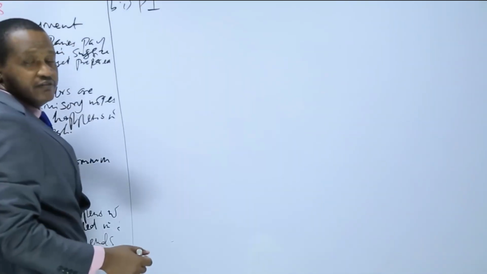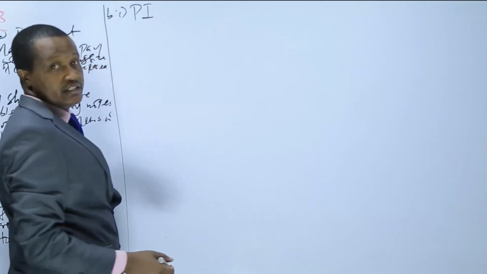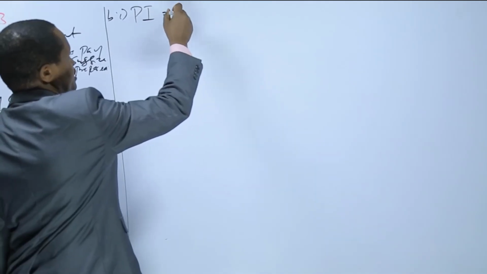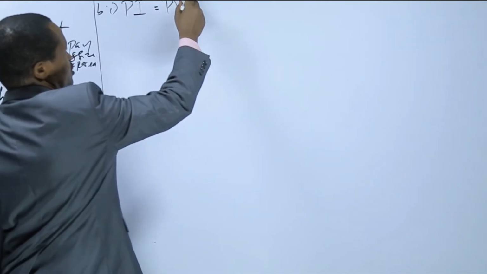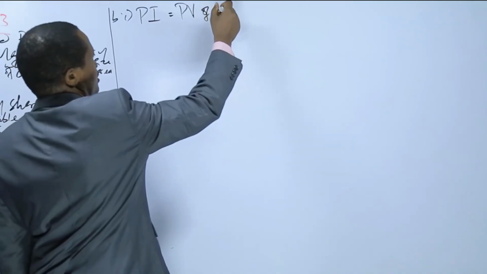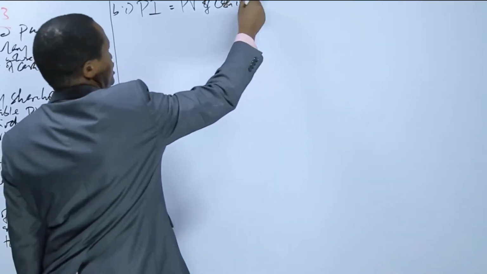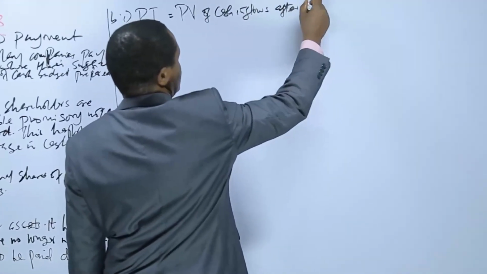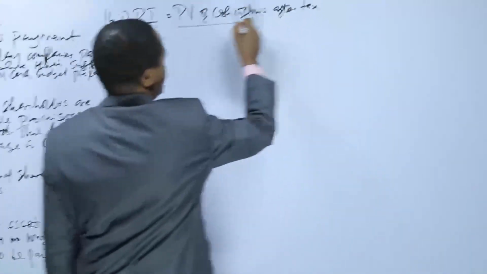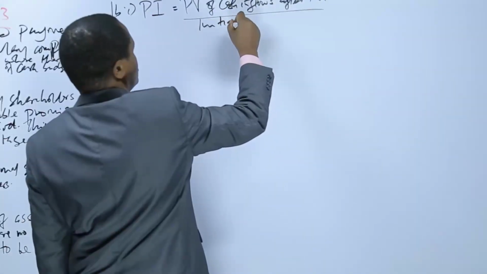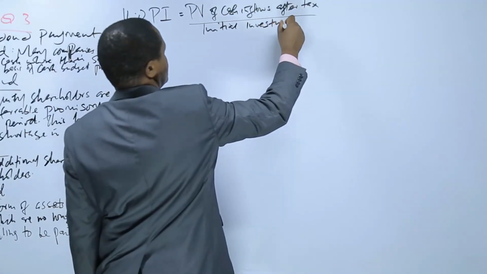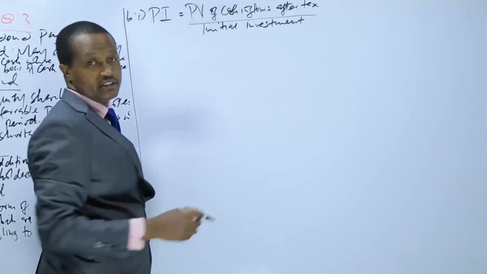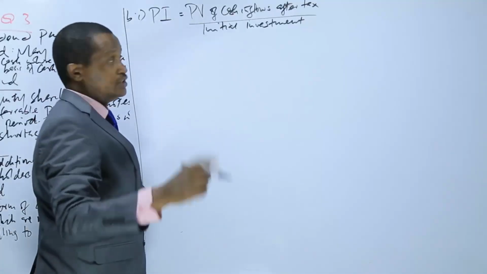PI is an investment technique that is used in making investment decisions, and it is determined by dividing the present value of cash inflows after tax by the initial investment. That is the formula. Profitability index is equal to the present value of cash inflows after tax divided by initial investment.